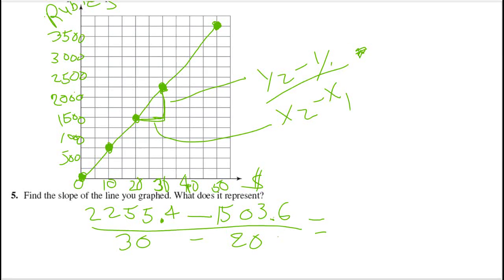So my slope is going to be 751.8 rubles per $10, which then reduces to 75.18 rubles per $1. So I found my slope, and what does it represent? Well, you notice that's exactly the number of rubles that we could get for $1. So the slope of the line actually represents rubles per dollar.